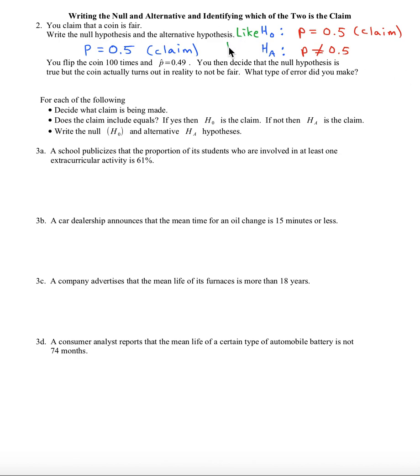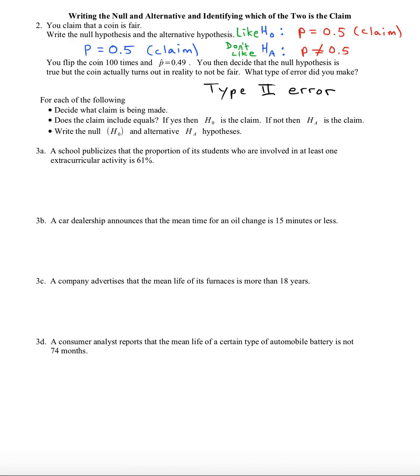And then we'll put that they don't like the alternative. What type of error was made? This would be, as an analogy, failing to convict a guilty person. It's a type 2 error. When we fail to reject a null that is false, we make a type 2 error.